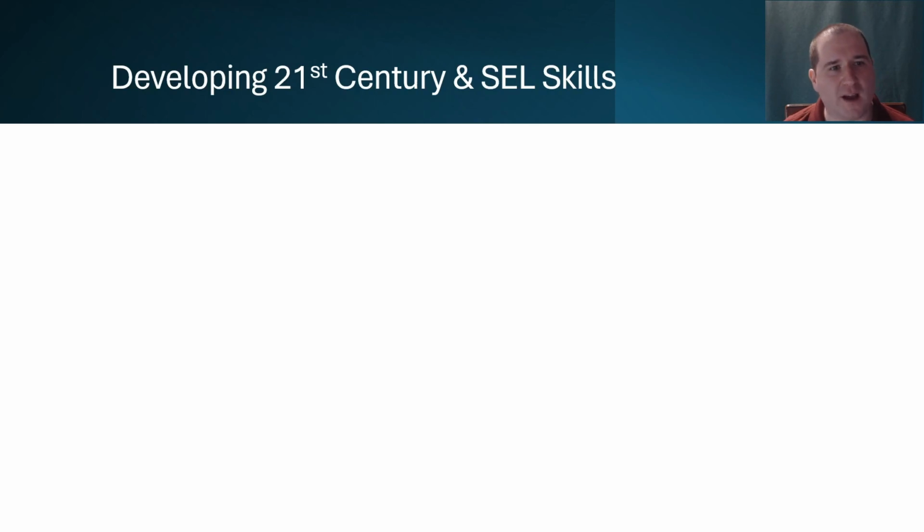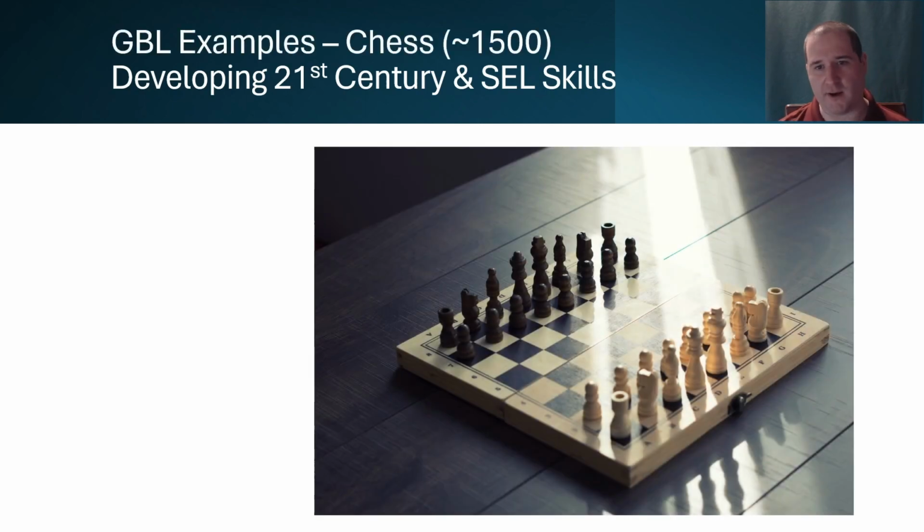And finally, we can talk about some experiences that develop 21st century and SEL skills. To me, this is in every game. You can find one of these skills, but let's talk about some major ones. Chess, for example, has been used to teach strategic thinking for generations.